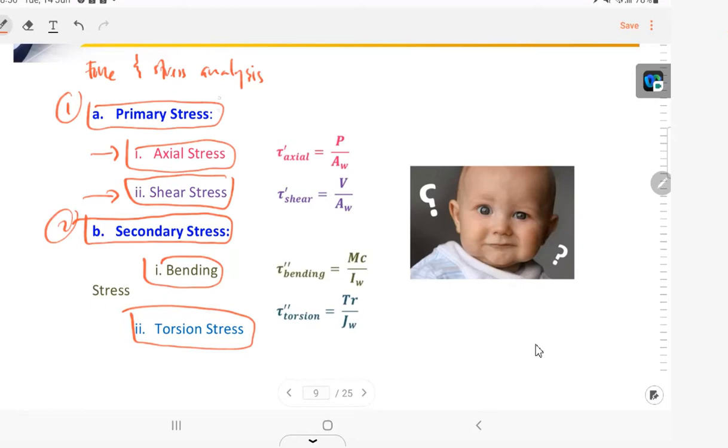So for the axial stress, we use the symbol single prime. For the secondary, double prime, and for the primary, single prime.